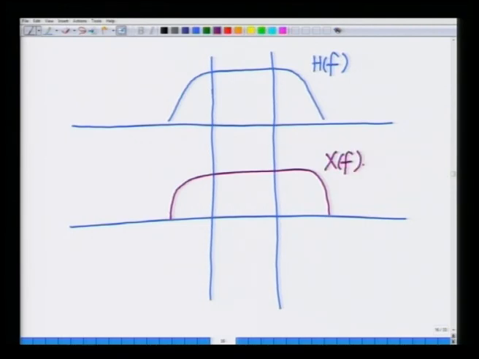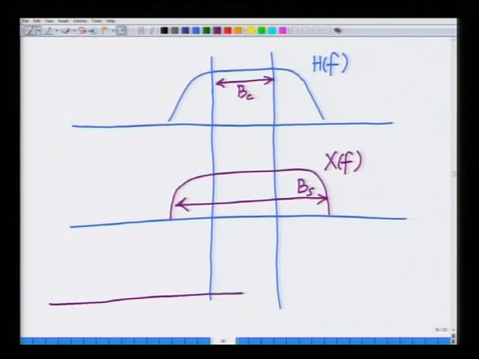This is my transmitted signal. This is the coherence bandwidth of the channel, which is the flat part over which the response is constant. My signal bandwidth Bs is much larger than the coherence bandwidth Bc. Now, when I get the received signal, which is H of f times X of f, this signal is multiplied by this spectrum.